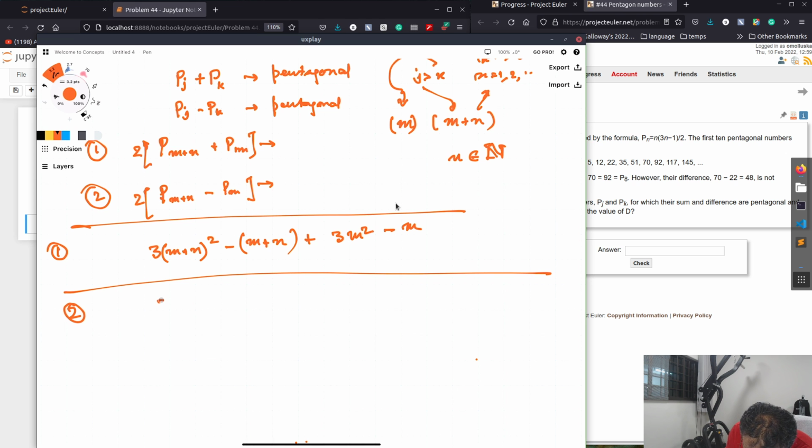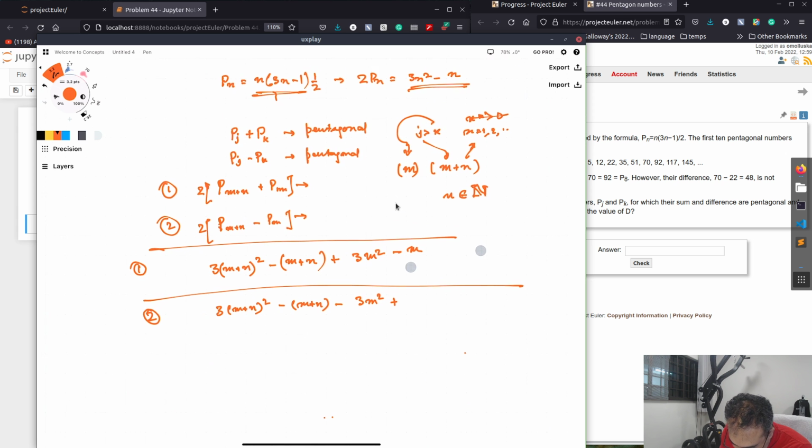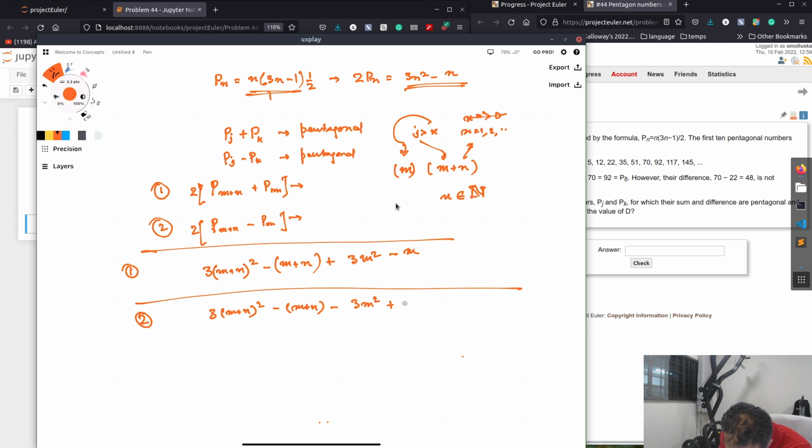So this is going to be 3(m plus n) square minus (m plus n) minus, this is going to be 3m square minus, and another minus over here, so this becomes plus m.